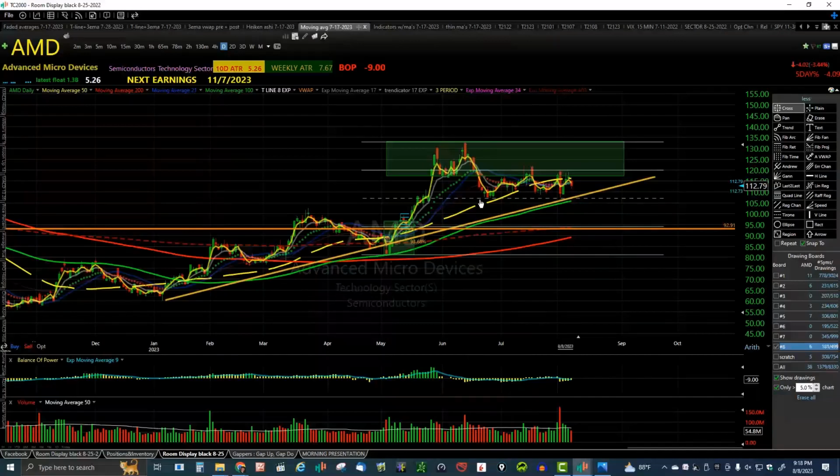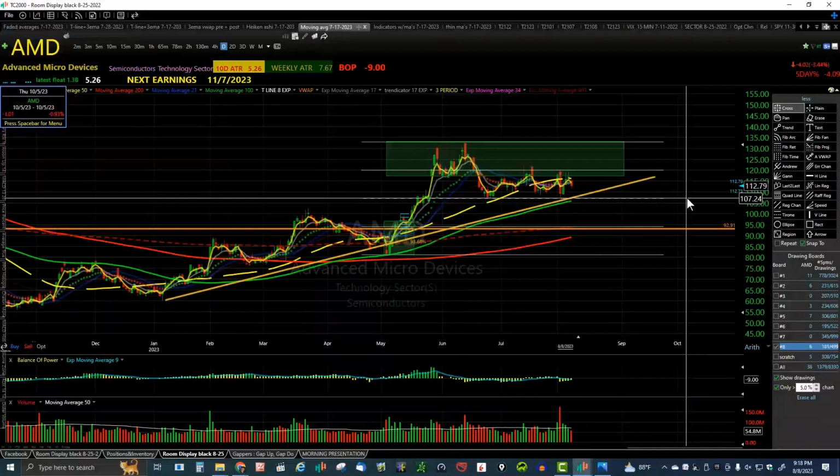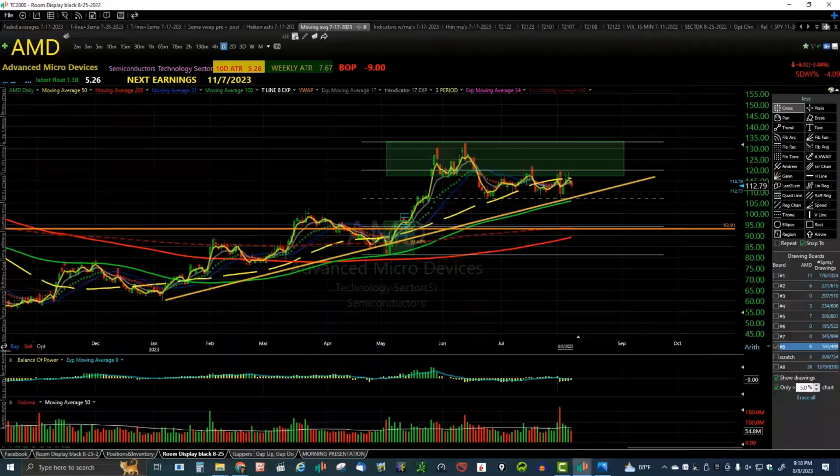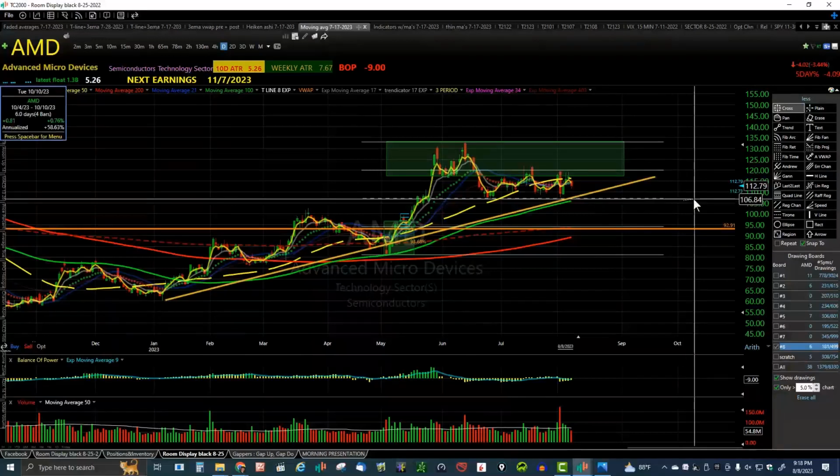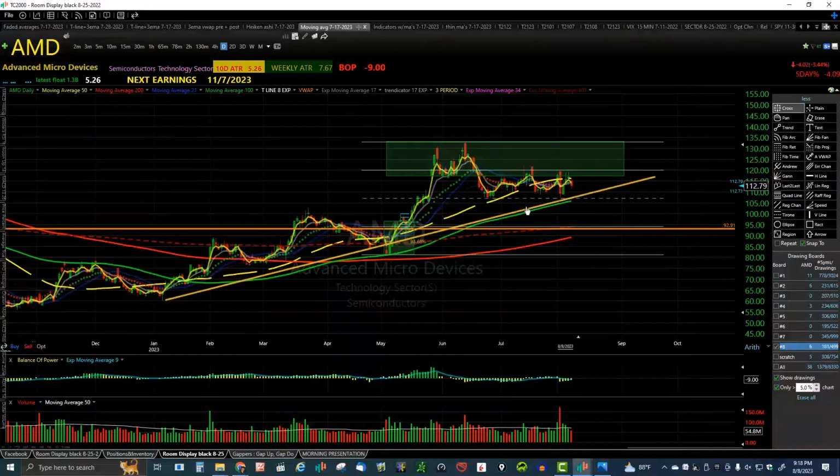The bull put spread at 107.24 would be the most logical for me. Does that make sense to you? Yeah, the bull put spread, as long as it stays over the 50-yard line. If it breaks the 50-yard line, then it's game over for it. All right, for that one.